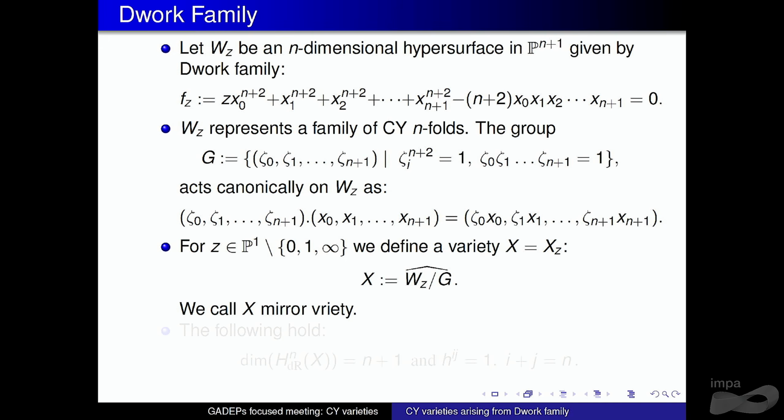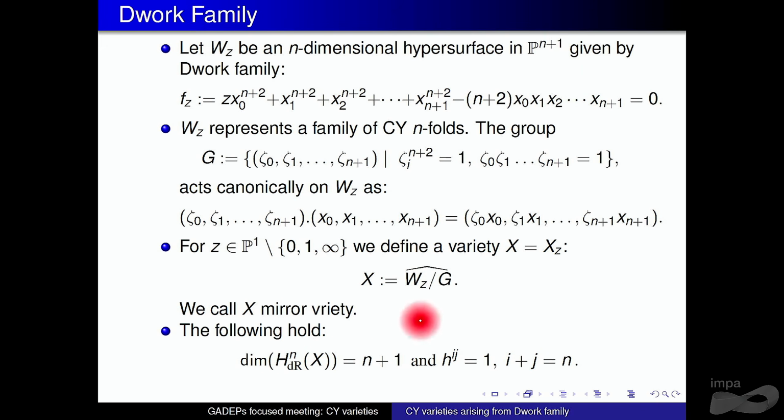The quotient is singular, so we desingularize the quotient, and we get a Calabi-Yau variety. We call it the mirror variety. By the way, this is a part of the paper that I wrote with Hossein. What we know about the mirror variety is that the dimension of the middle Hodge structure, H_dR, is n plus 1, and all Hodge numbers are 1.